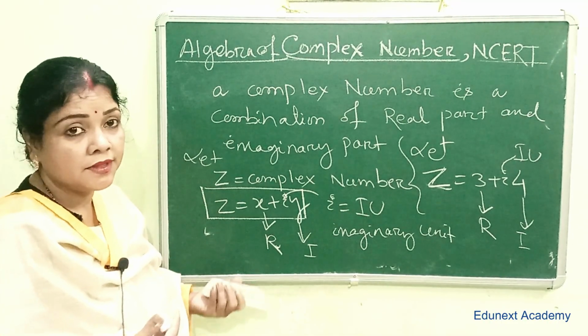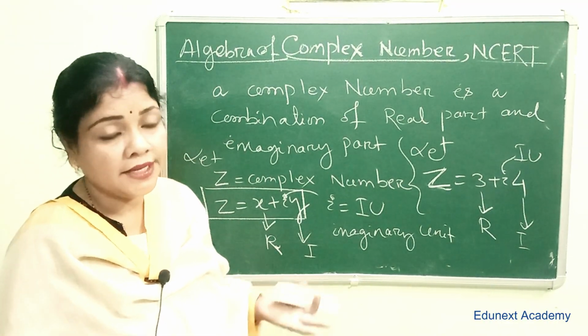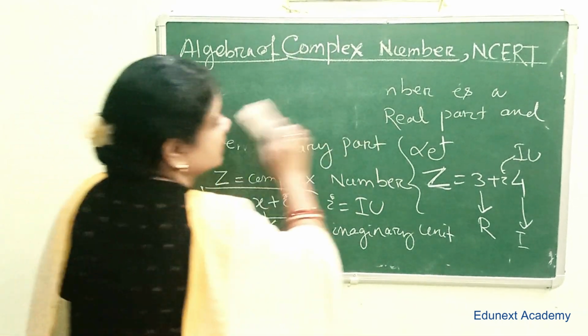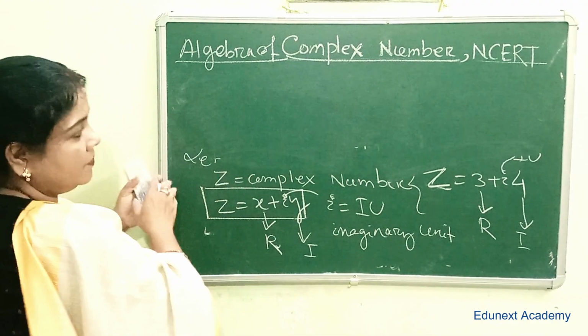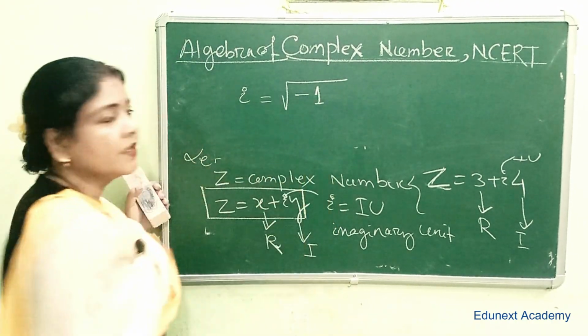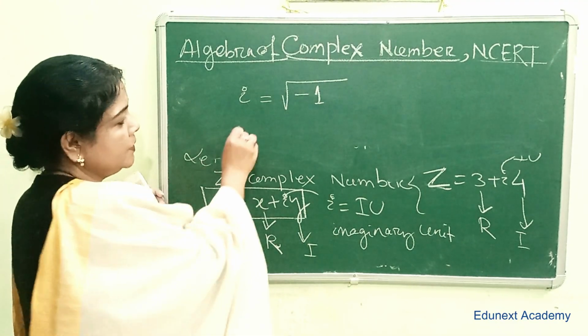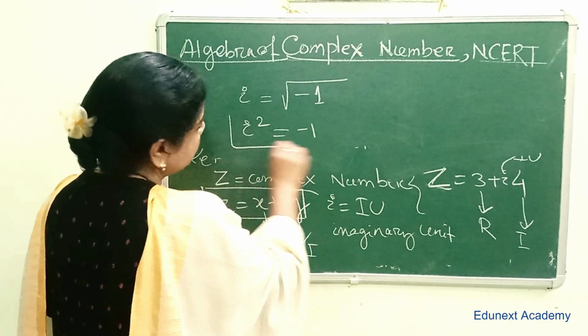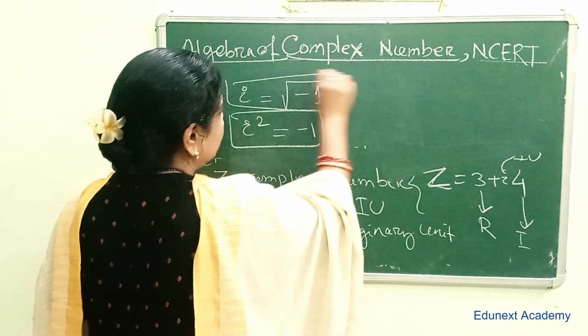But you may have a doubt, what is i? This imaginary unit i can be derived as the square root of minus 1. That means if you square i, it becomes minus 1. These two things you need to remember.